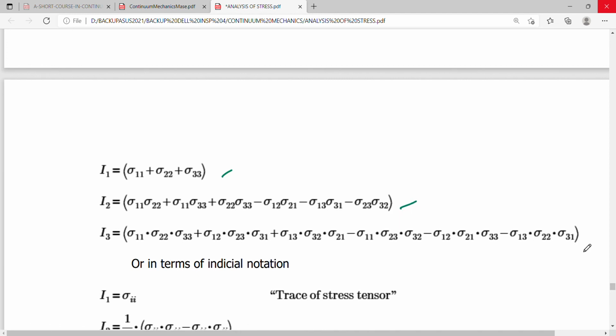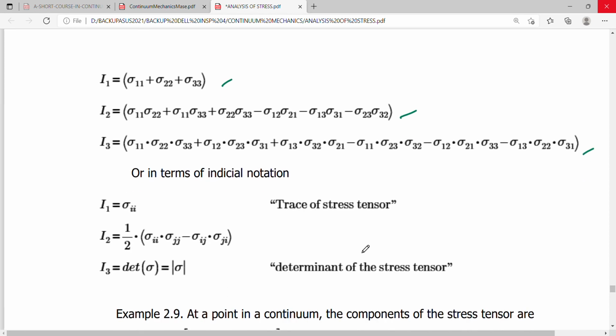Okay, and these three values here, which are called the invariants, use the initial form of the trace of a stress tensor, 1/2 the difference between sigma ii sigma jj minus sigma ij sigma ji, and the third is simply the determinant of the original stress tensor given or cited in the problem.